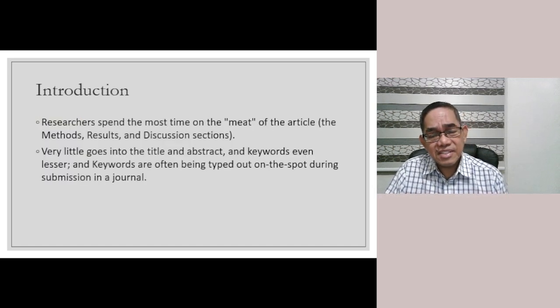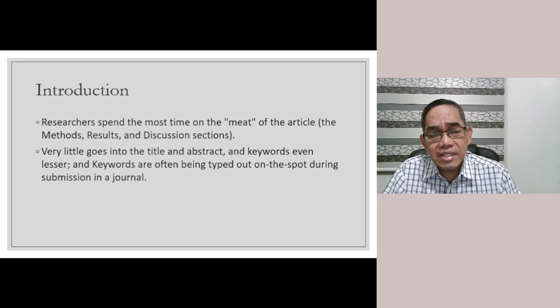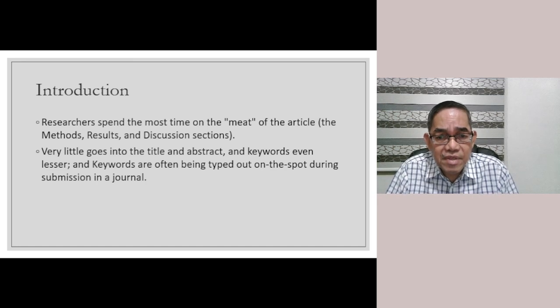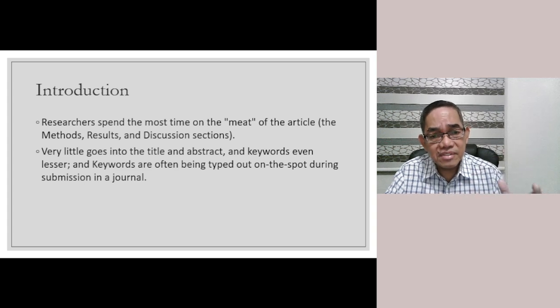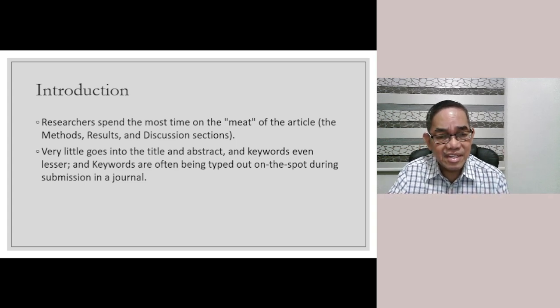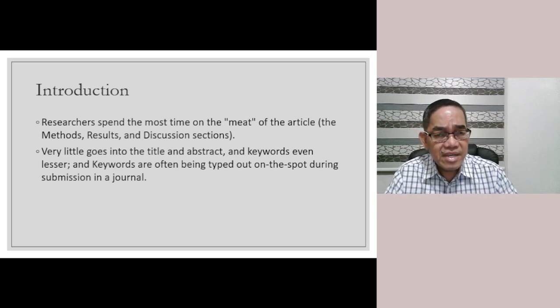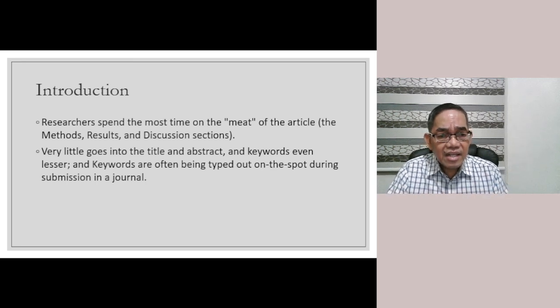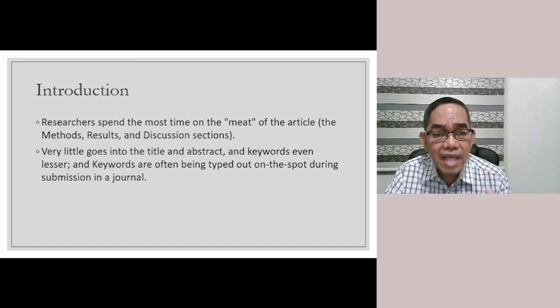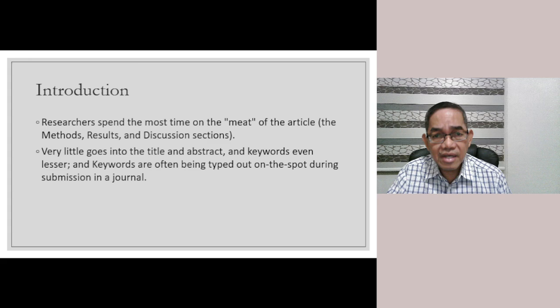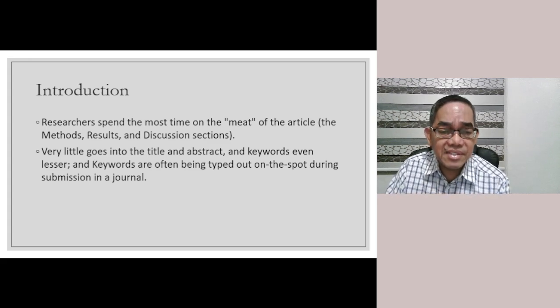Now, as an introduction, researchers normally spend most of their time on the meat of the article, meaning the methods, the results, and the discussion sections. They spend much time writing all of this. Then very little time goes into the title and abstract, and keywords even lesser.